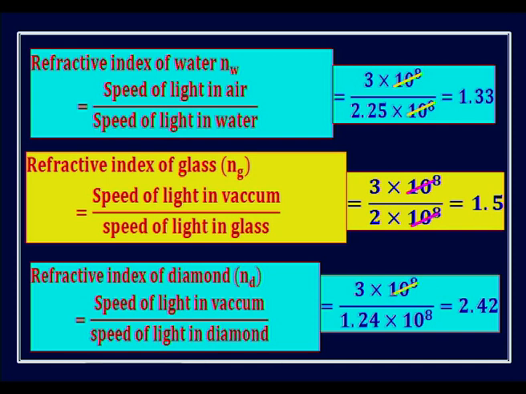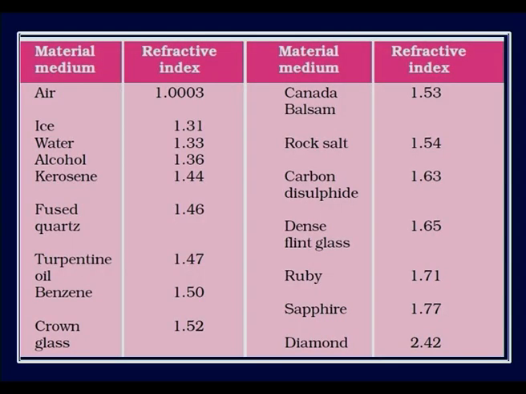Here 10 power 8 gets cancelled. 3 by 1.24 is equal to 2.42. Here we can see the refractive index values of the different media. Among them, air has a low refractive index and diamond has a high refractive index.